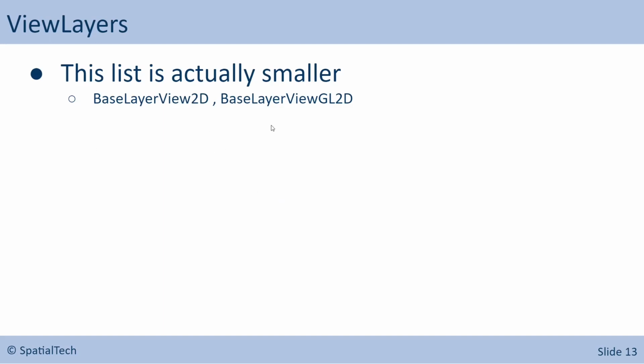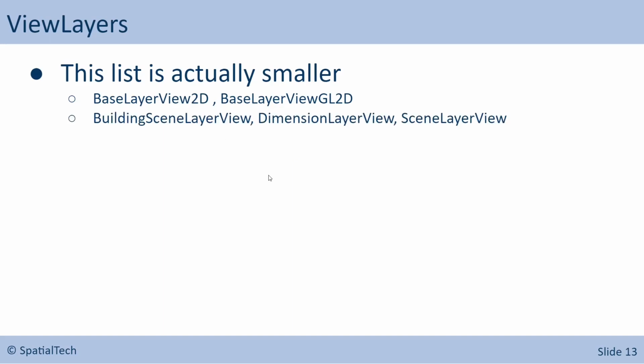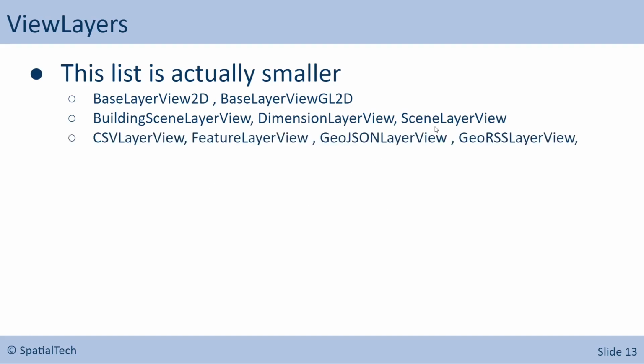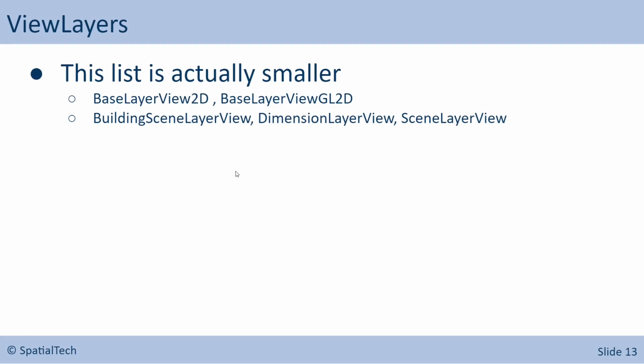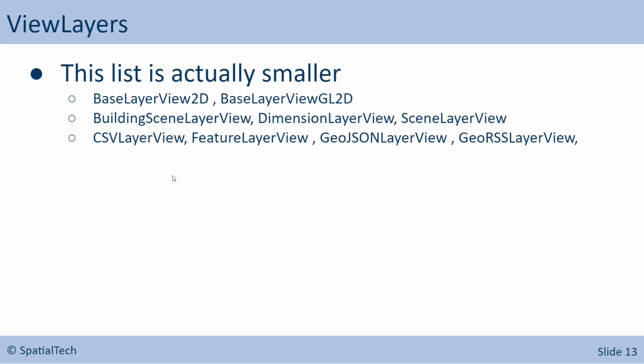The way I interact with view layers is usually to get at the data. If it's a base layer view, well, it's just usually background images. But if you're doing scene layers, building scene layers or dimension layers or just scene layers in general, if you need to select on them and query them, and if you've loaded some CSV data and you need to query it, or a feature layer and you need to query it, you have to get down into these views to see what they really support, right?